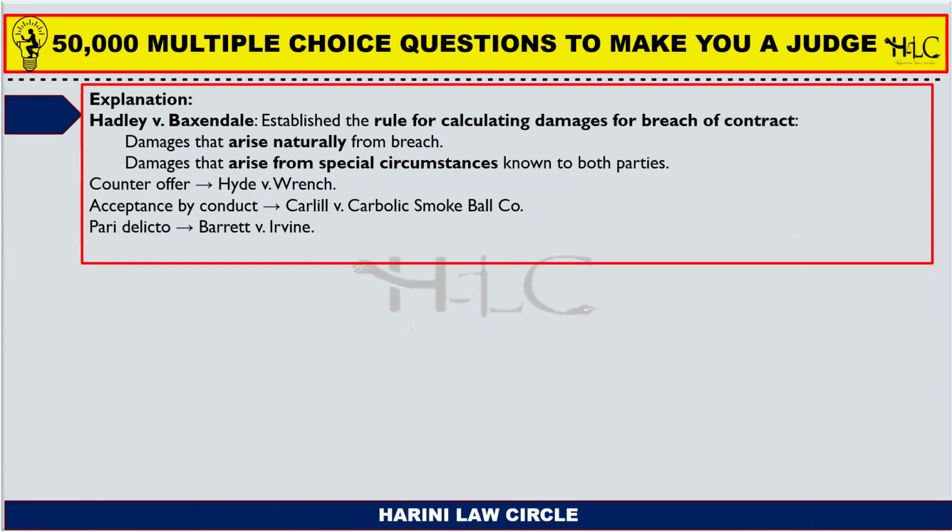Counter offer, which was there in the option, is Hyde versus Wrench. Acceptance by conduct is Carlill versus Carbolic Smoke Ball Company. Pari delicto is Barrett versus Irwin, as we saw in the previous question. Okay. So just try to remember it. Revising it multiple times will help you remember.